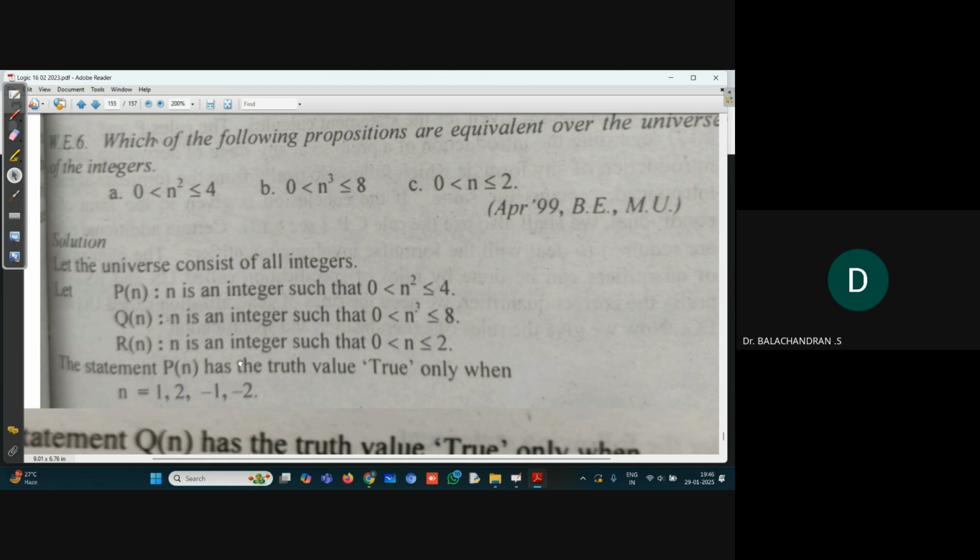R of n: n is an integer such that n satisfies this condition. Now, the statement P of n has a truth value only when n is 1, 2, n is minus 1, n is minus 2.